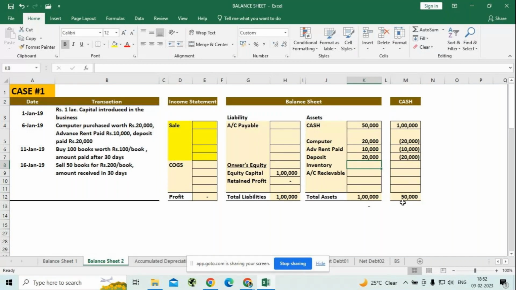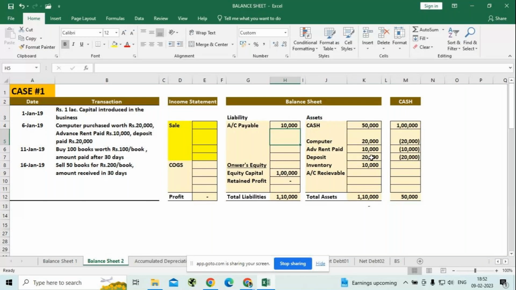So that is equal to 100 into 100. The value of inventory is 10,000 and this amount will be paid in the future. So the accounts payable amount is 10,000. Okay. So the purchase has happened.